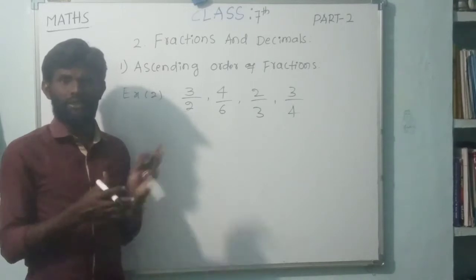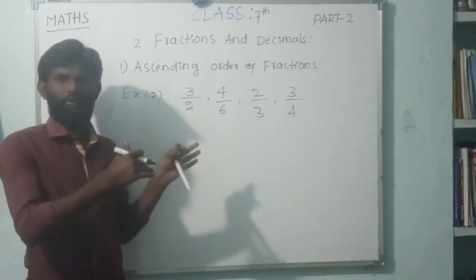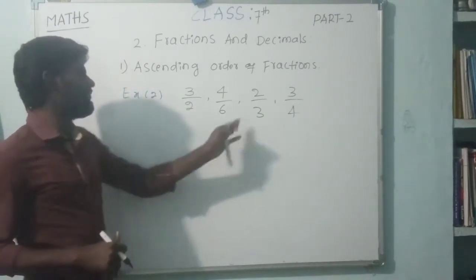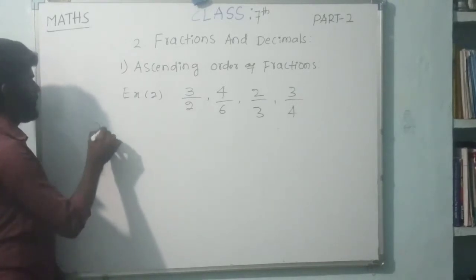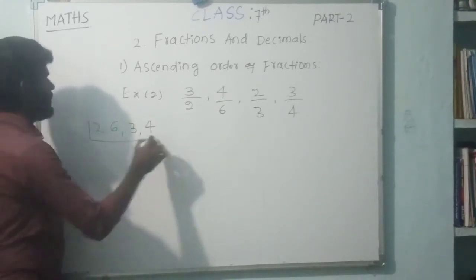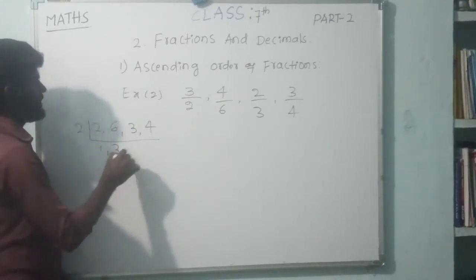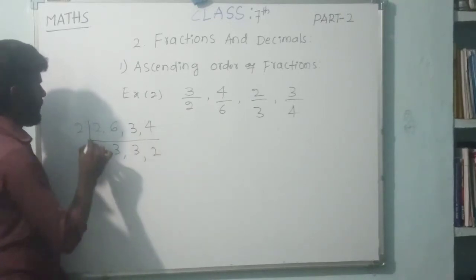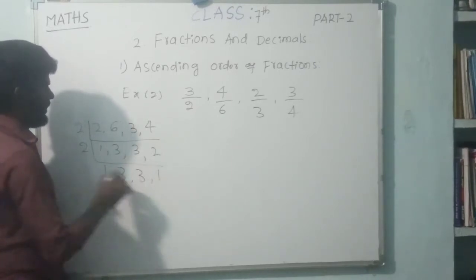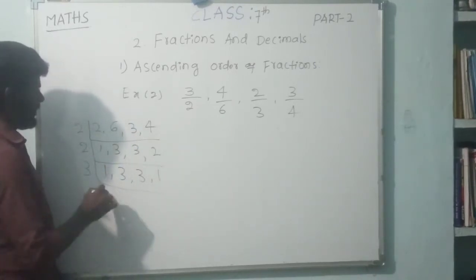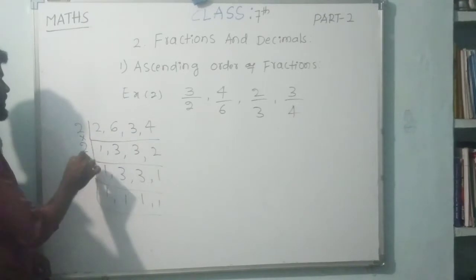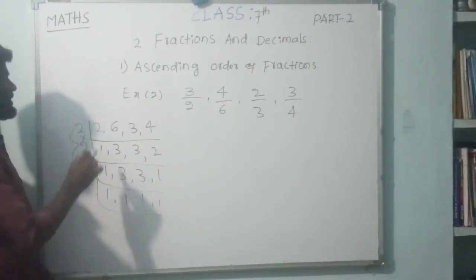First we should convert these denominators into equal denominators. If you want to make these denominators equal, we should take the LCM. The LCM of 2, 6, 3, 4: dividing by 2, then by 3, then by 2, finally by 3 leaves 1. Multiplying 2 twos are 4, 4 threes are 12.